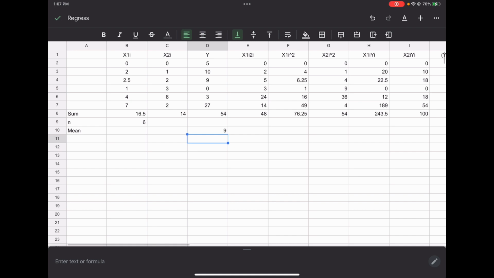Okay, so we now have the mean for y. So now we want to create our matrix.